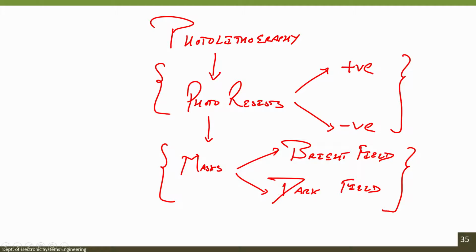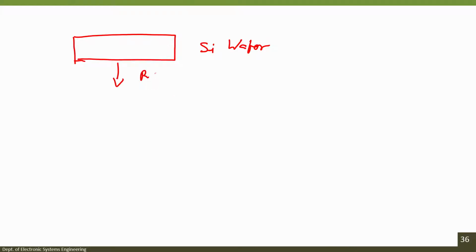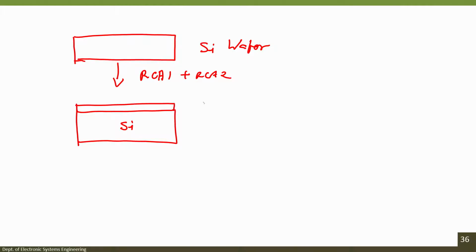This was easy. Now, the steps for performing lithography: you take a silicon wafer. We will take an example of a silicon wafer. You clean the silicon wafer with RCA1 and RCA2 cleaning steps. Then you spin coat photoresist.